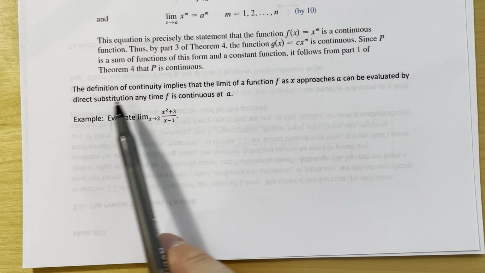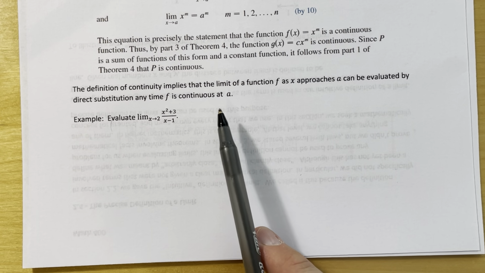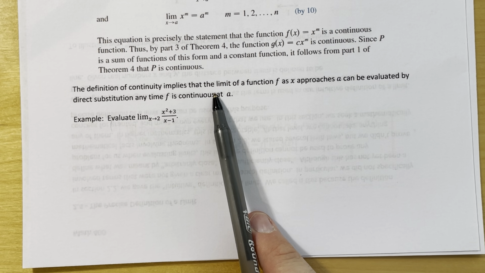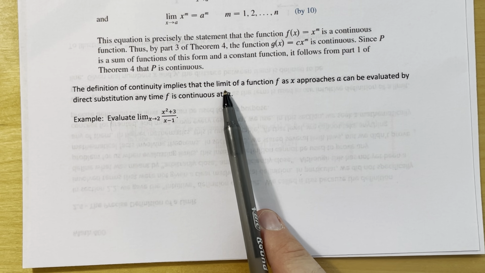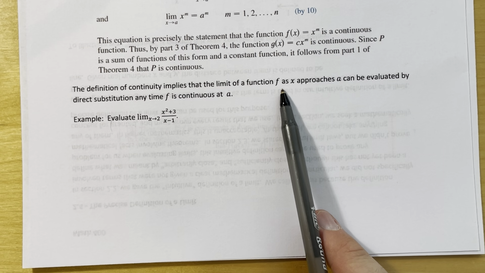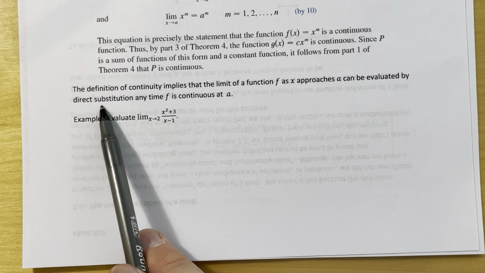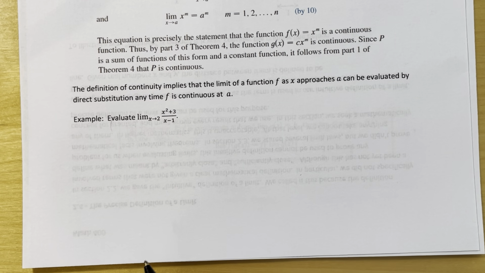So moving on from there, the definition of continuity, this is really, really important. The definition of continuity implies that the limit of a function f as x approaches a can be evaluated by direct substitution anytime f is continuous at a. And again, the reason for that goes right back to the definition.